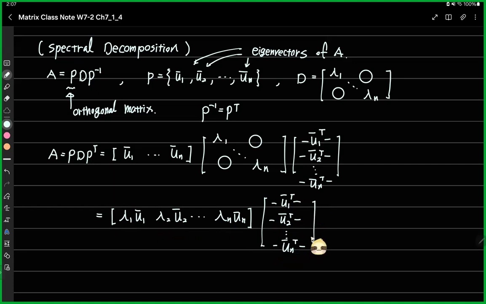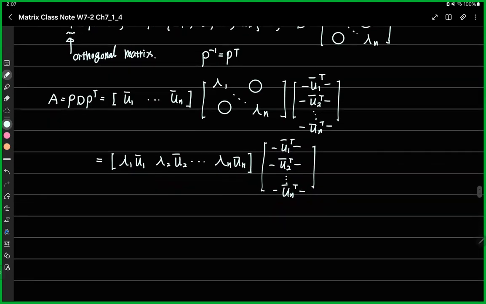Now we're gonna use column-row expansion. Using the column-row expansion of the product, that is equal to lambda 1 U1 U1 transpose. This is a matrix multiplication, not a dot product.